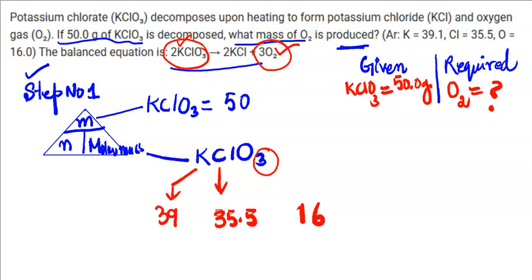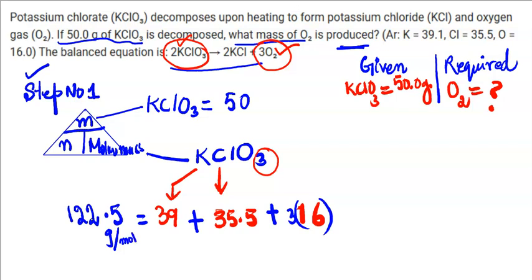Since it is 3, you just need to multiply it with 3 and now you need to add them together. So this is your Mr, so it is equal to 122.5 gram per mole. So this is the molar mass of KClO3.